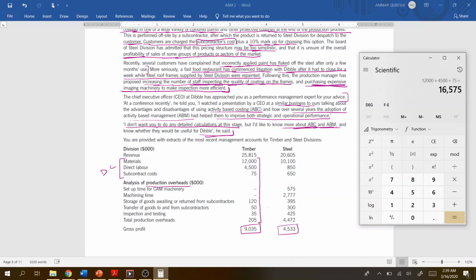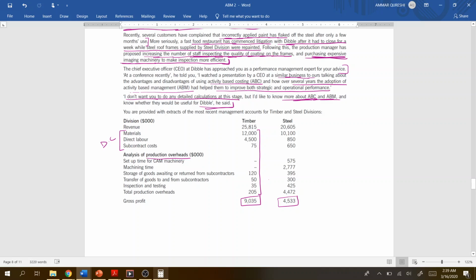It's 16575 plus 120 plus 50 plus 35 plus 205. That makes 16985.